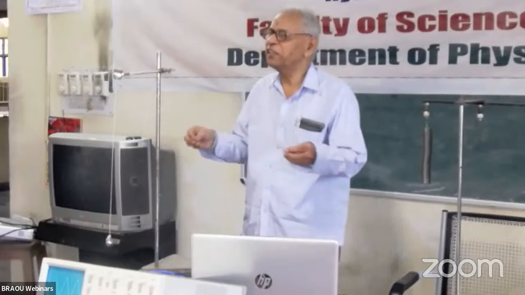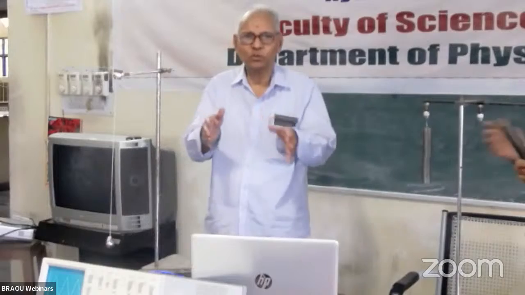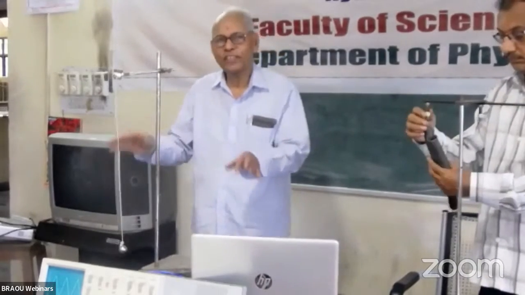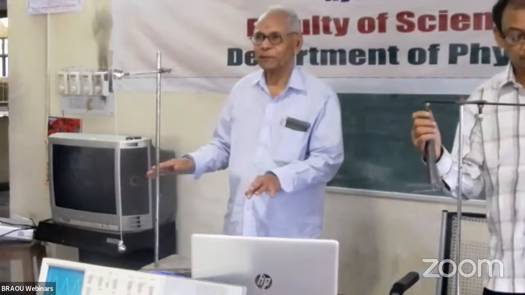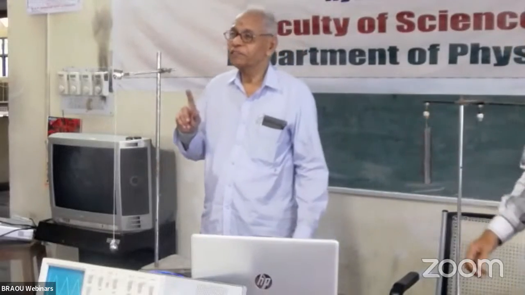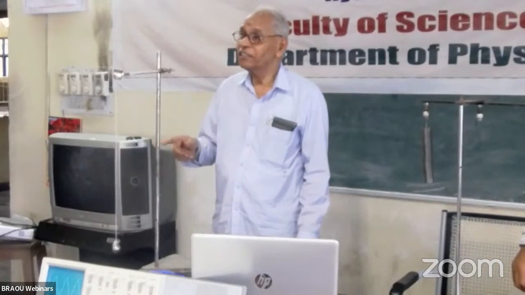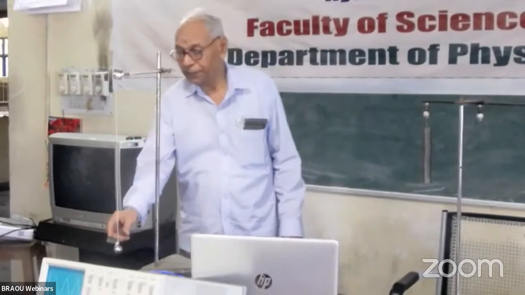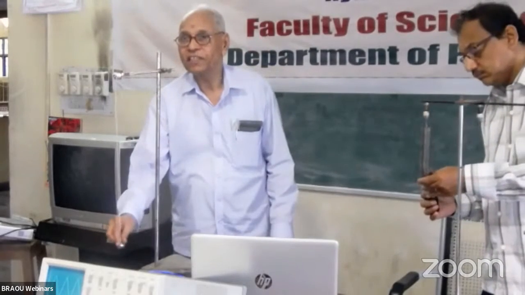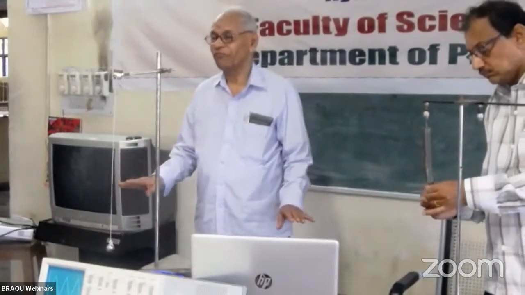So all these are interconnected. For convenience, we divide our syllabus into parts. So that part is the rotational dynamics. So here, the rotation is a circular motion or a repetitive periodic motion. All these things produce waves.